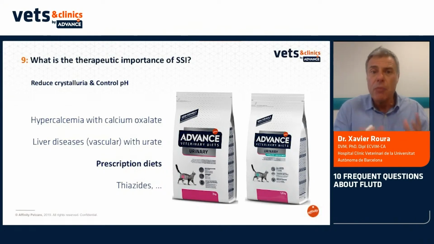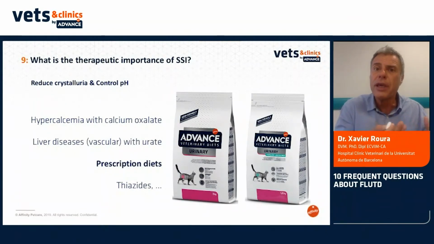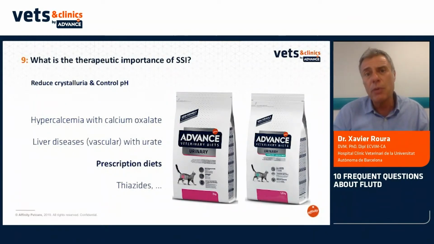Why is it important? Because we can only treat urolithiasis medically, decreasing the size, or prevent the growth of the urolith, with the urine that is in the pelvis and in the bladder.